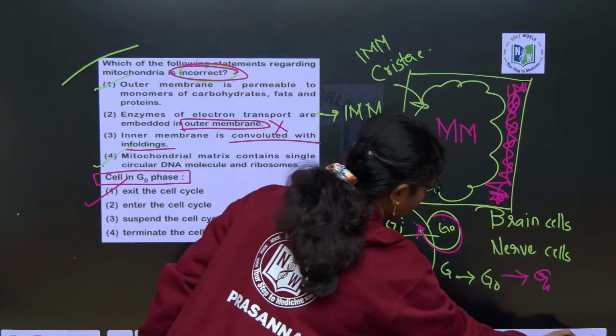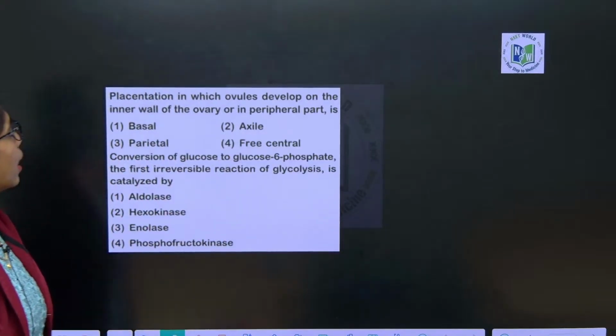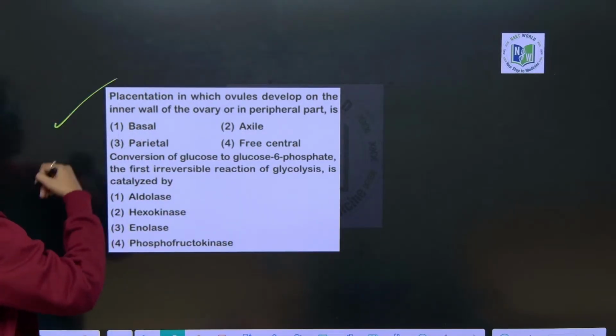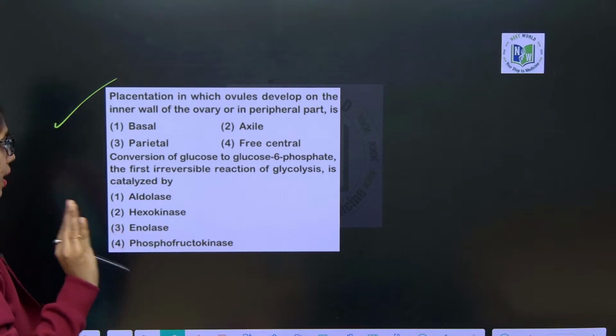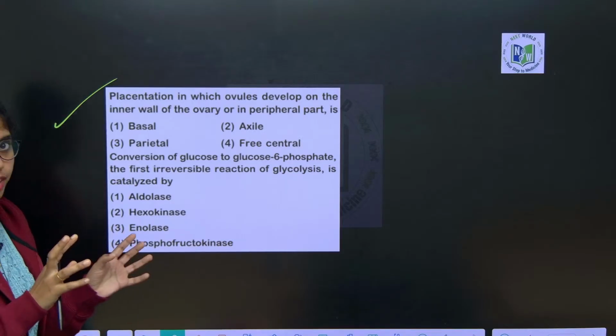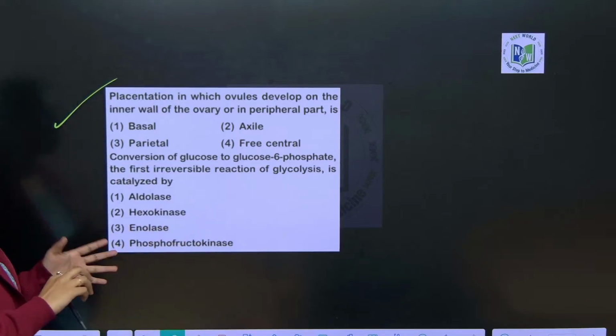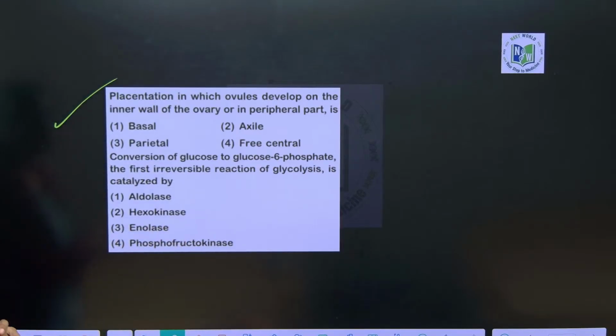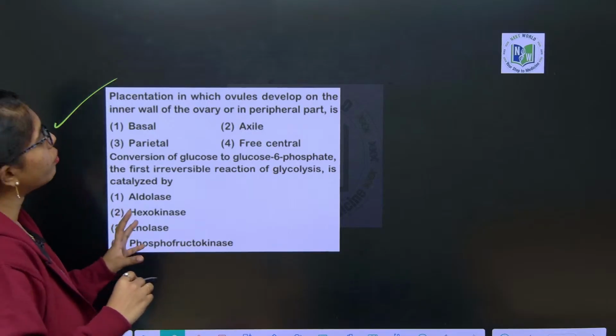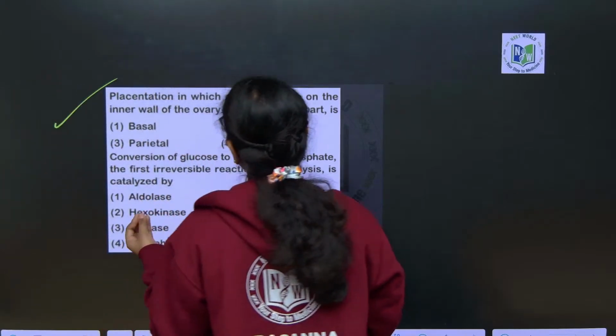Fine. Next question. It is from morphology, where from placentation and aestivation, you should not leave or skip at all. It is very important. Either from placentation or from aestivation, definitely questions will come. Placentation, in which ovules develop on the inner wall of the ovary.